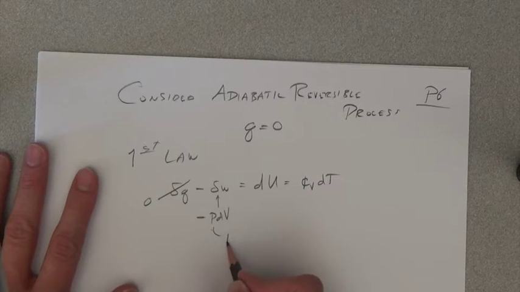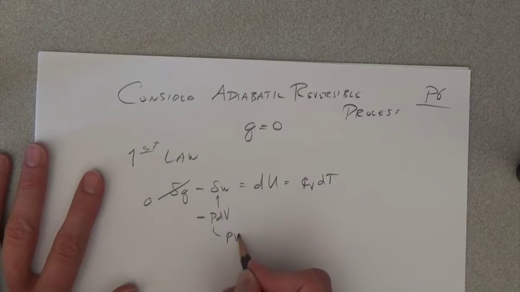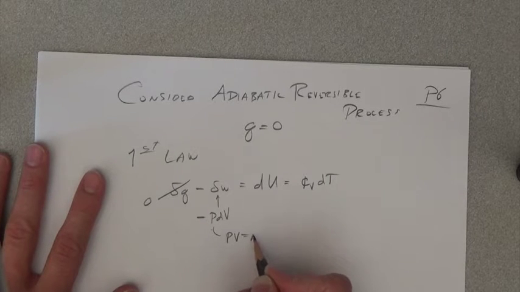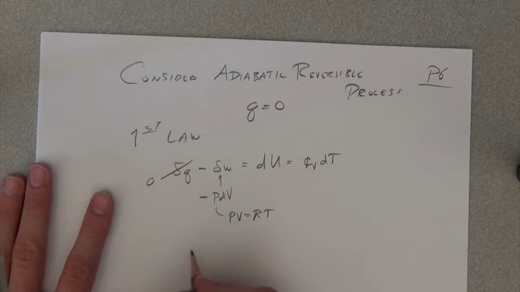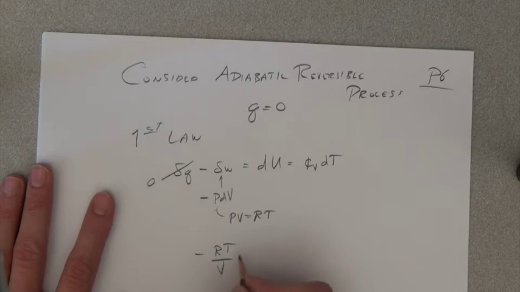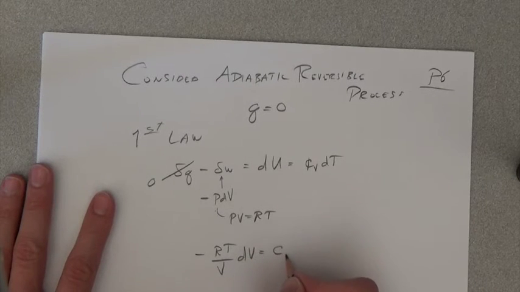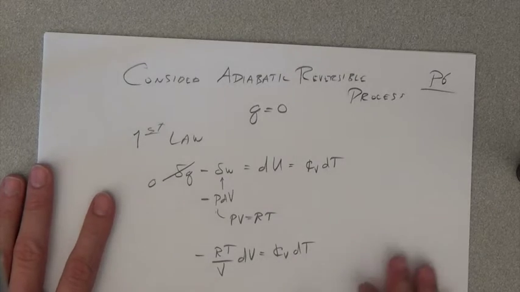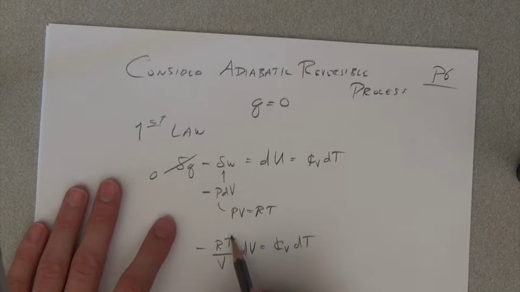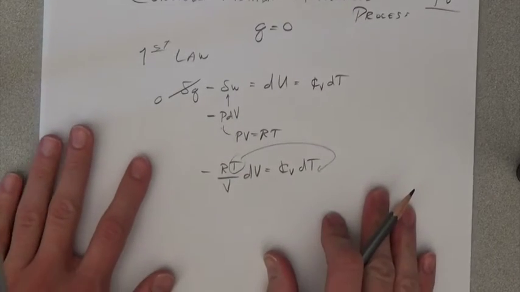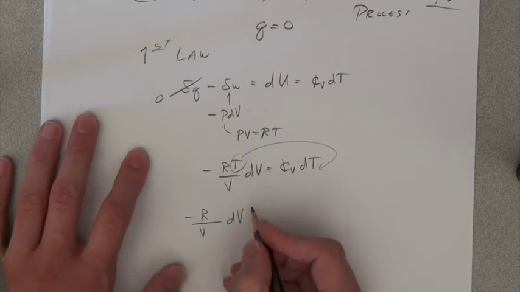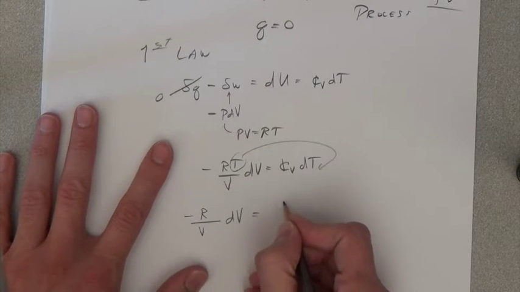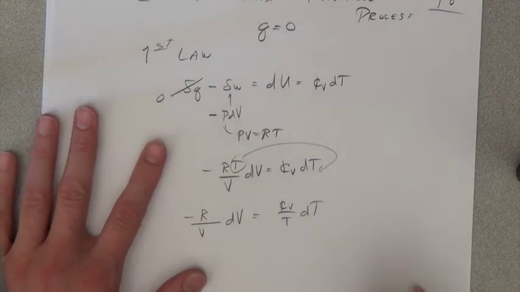And using our PV equals RT, we can now write negative RT over V dV is equal to CV delta T. And moving our temperatures over, we have negative R over V dV is equal to CV over T dT.